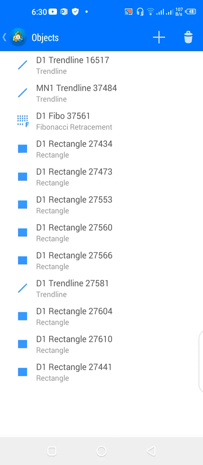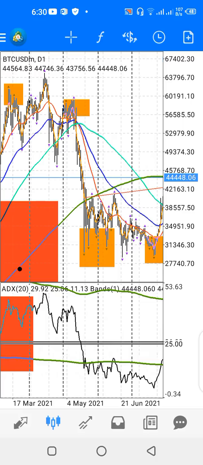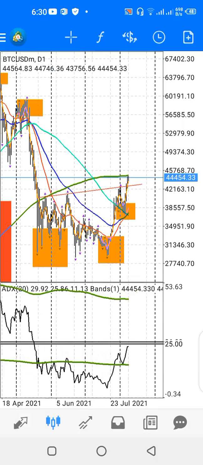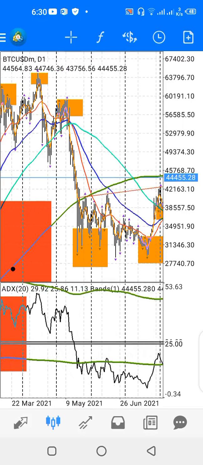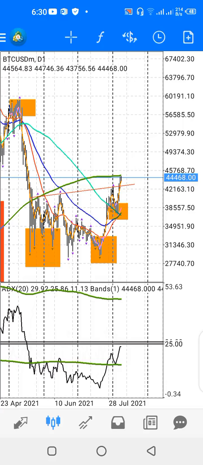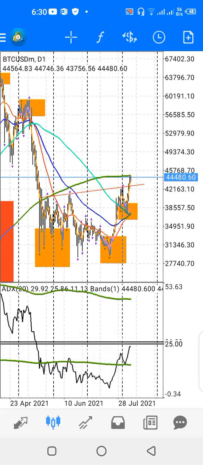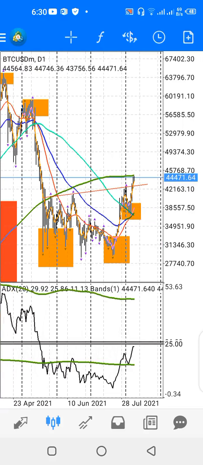And we can see what happened. Price came down, so we expect a reversal. This is the daily time frame for BTC, so we expect a reversal. Price may be going up.